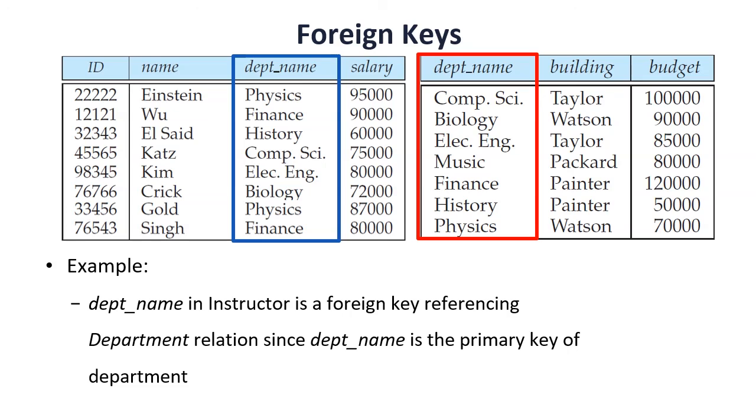So this way, if we want to find the information about where the instructor Einstein works, we can see that his department name is included here as physics. So in the second table, if we look up the physics department, we can get some more information about that department.